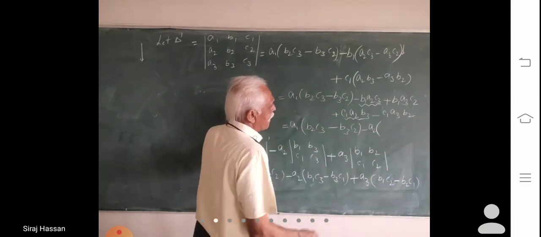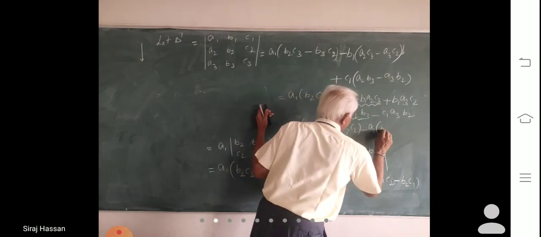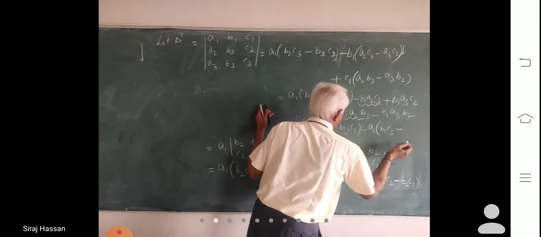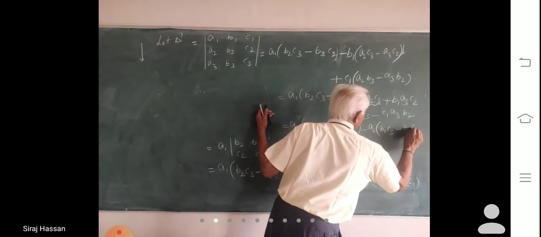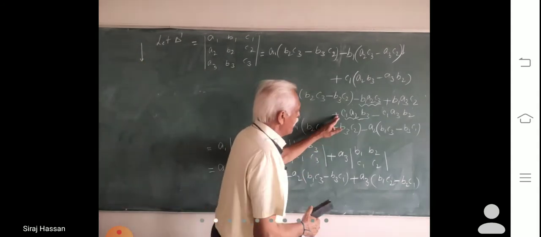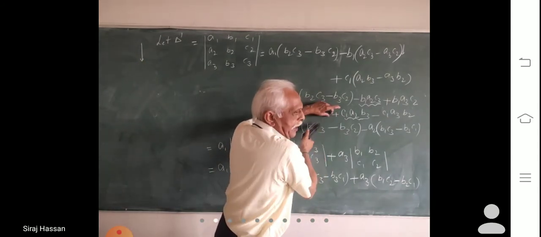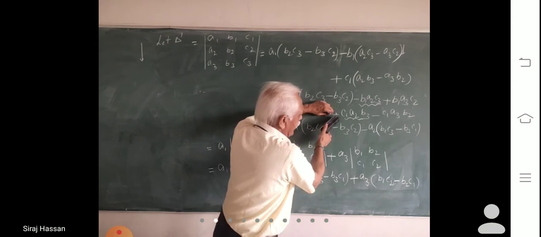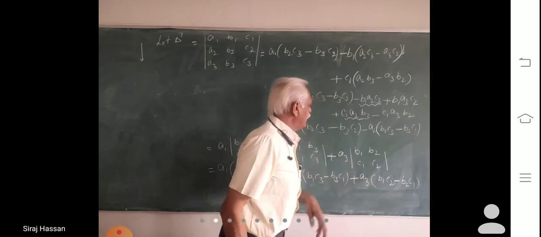What you are getting? Minus A2 has come out. B1 C3 minus B3 C1. Here, plus is minus into minus. Minus and A2 are taken out. You are left with minus C1 B3, which can be written as B3 C1.